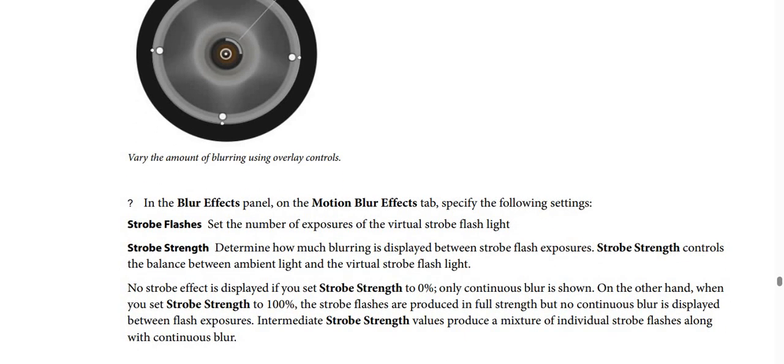And by the way, no strobe effect is displayed if you set strobe strength to 0%, only continuous blur is shown. And on the other hand, when you set strobe strength to 100%, the strobe flashes, by the way, are produced in full strength but no continuous blur is displayed between flash exposures, and intermediate strobe strength values produce a mixture of individual strobe flashes along with continuous blur.